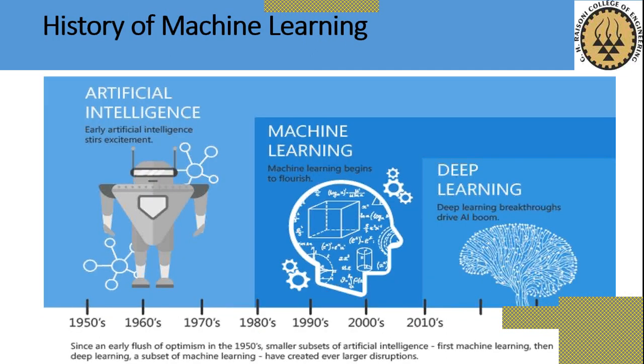This is the history of machine learning. You can see that machine learning is a part of artificial intelligence, or you can say that it is a subset of artificial intelligence. In the 1950s, artificial intelligence was started by one of the very famous experiments, the Turing experiment.